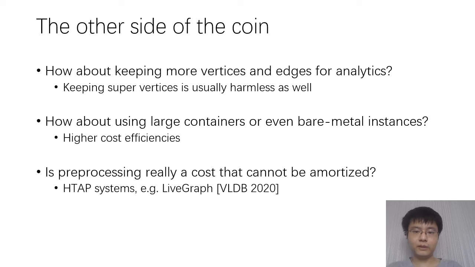Next, how about using large containers, or even bare metal instances for graph processing? Actually, allocating only small containers has some historical reasons, as previous generations of graph processing solutions cannot benefit much from powerful, larger containers.